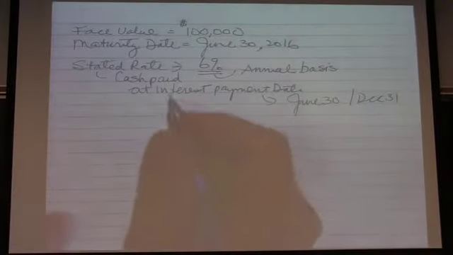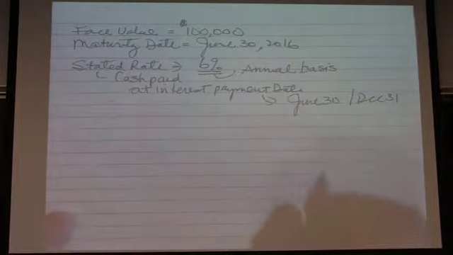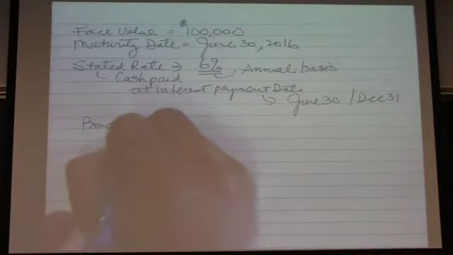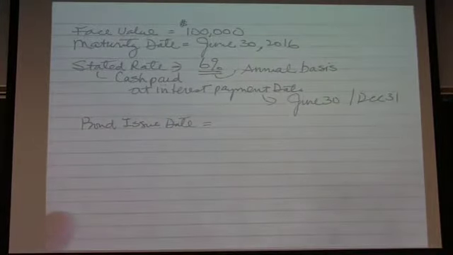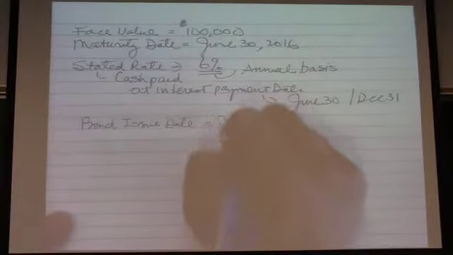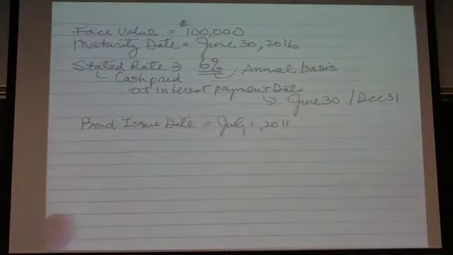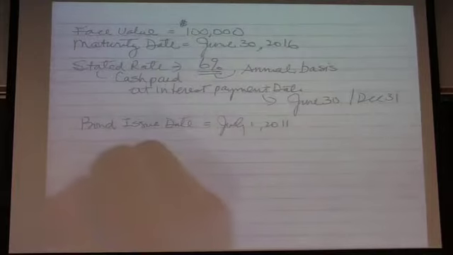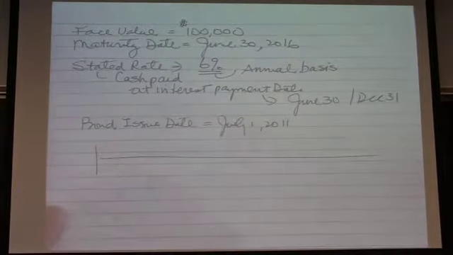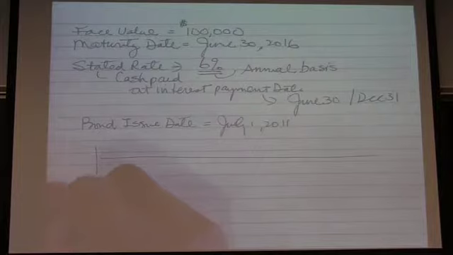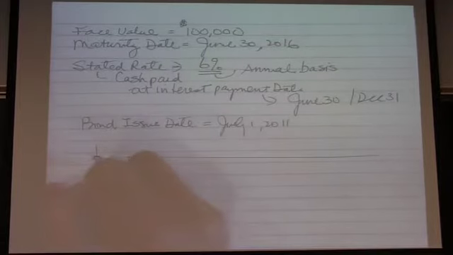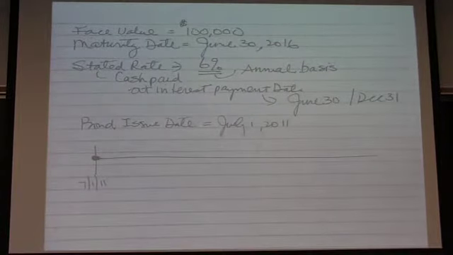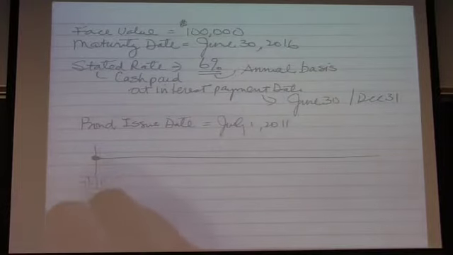Now, in this example, the bond issue date, or the sale date, happens to be July 1st, 2011. So if I was to draw a timeline, and it's important to do that, this is July 1st, 2011. This is when the bonds were issued. So that's the issue date. But it also happens to be the sale date.